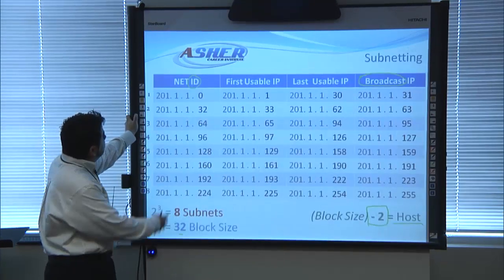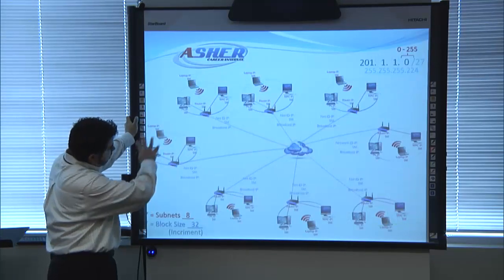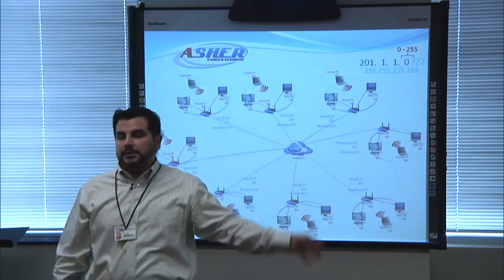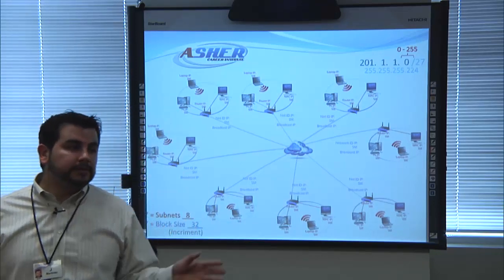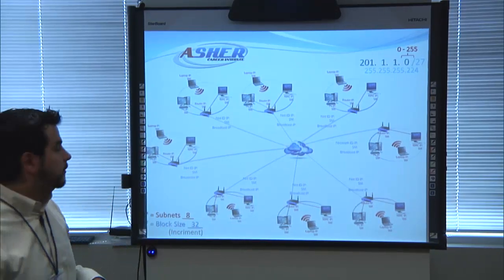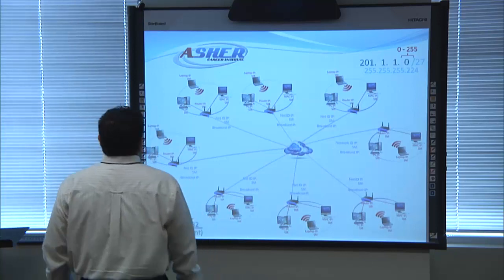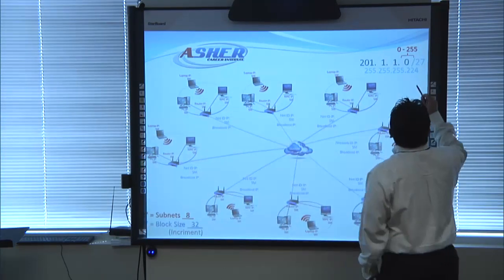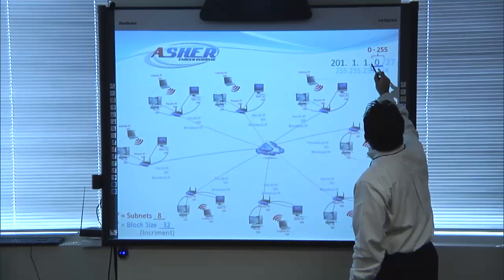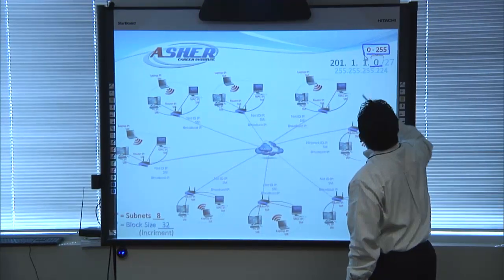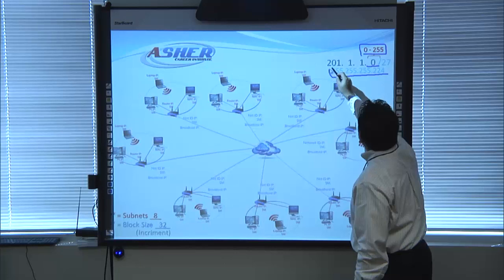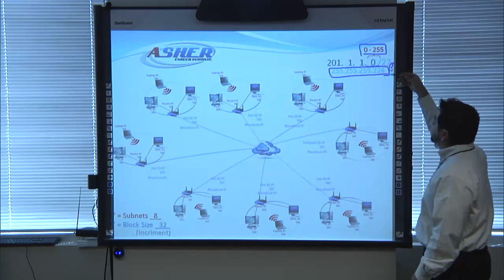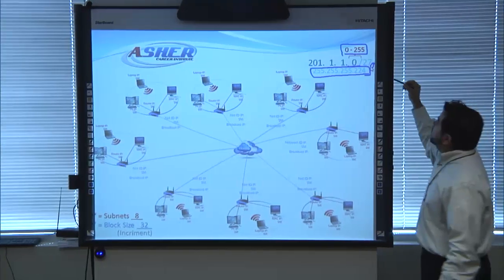And then, once you've got your groups like this, then you can actually start applying them like we did earlier. The first group gets the first range, the second group is the second range, the third group gets the third range, and so on. Okay? And then we took this range of 0 through 255, we used this subnet mask, or this CIDR notation, whichever one you want to count, because they mean the same thing.